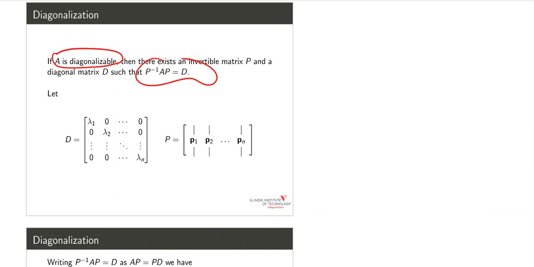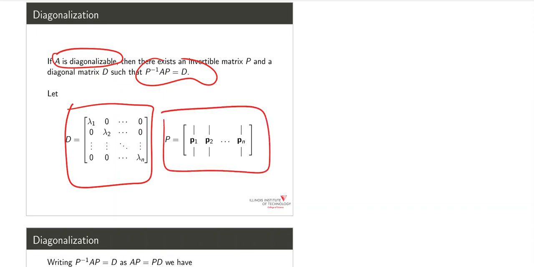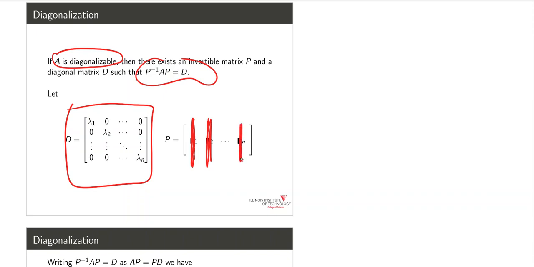We just know that A is diagonalizable, which means there exists a diagonal matrix D and there exists a matrix P such that P is invertible. We also want to write P as its column vectors. I'm emphasizing the column vectors of P, and this vertical line is notation to indicate that each is a column vector.